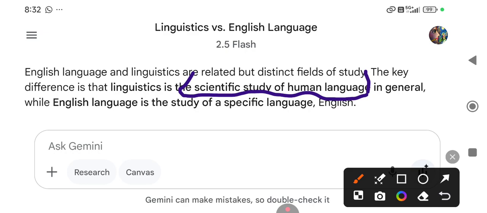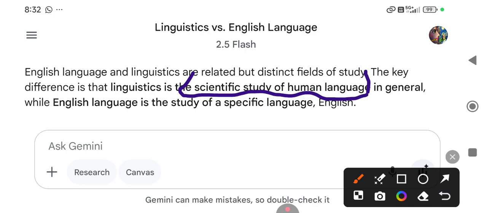That's how sounds are produced, articulation, right? Manner of articulation, place of articulation, phonetics, phonology. This is the way we do the study of a human language. The scientific study of any language is called linguistics, in general.